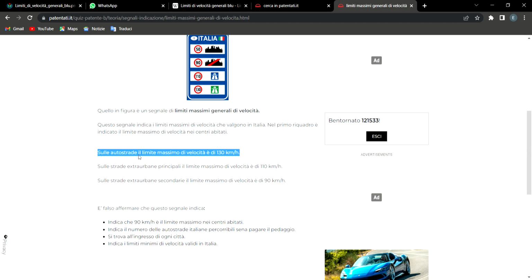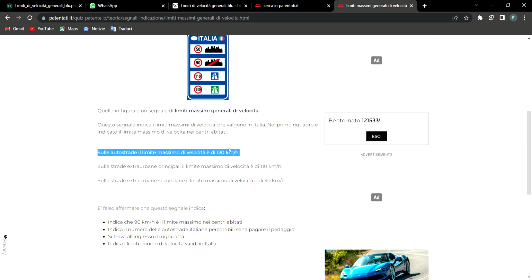It says: sulla autostrada il limite massimo di velocità è di 130 km. So it simply means that in autostrada, the maximum speed or the maximum kilometer that you are permitted to drive is 130. Among these categories of road that we have here in Italian, the one that permits the maximum speed is autostrada.